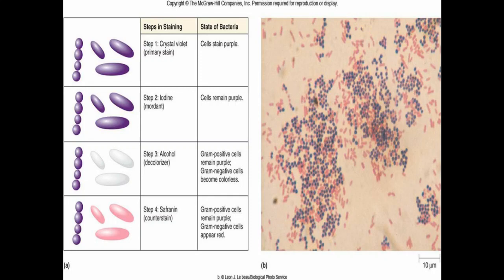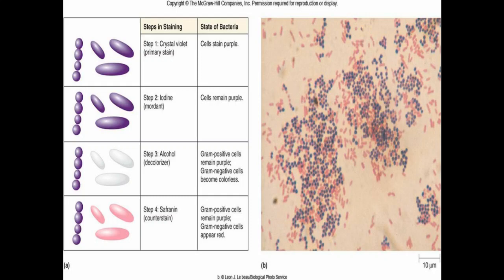Dehydrated, it becomes compact, and the crystal violet iodine complex formed in the previous steps cannot be removed or leaked from the gram positive cells, because the cell wall becomes completely dehydrated due to the alcohol treatment. So gram positive cells will retain the same purple color and they appear purple.